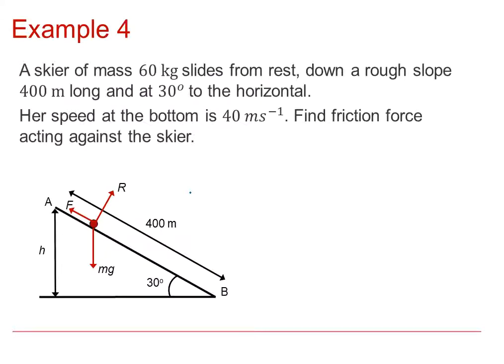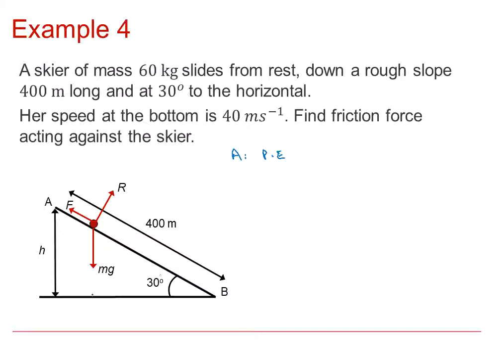So let's have a think about this skier. 60 kilograms, slides from rest down a rough slope 400 meters long at an angle of 30 degrees. We know the speed at the bottom is 40 meters per second, and we want to find the frictional force acting against the skier. If we think about A first, let's think about the potential energy.